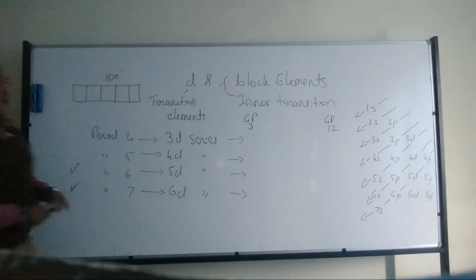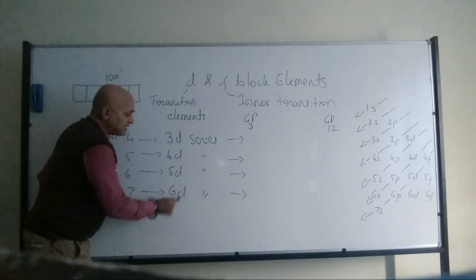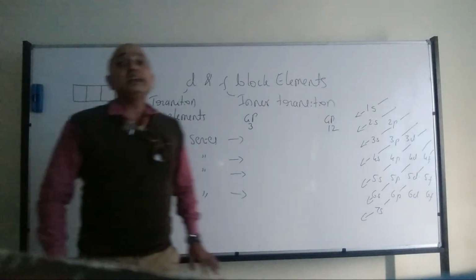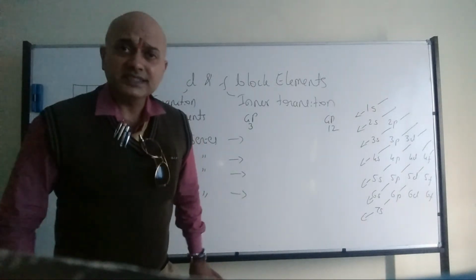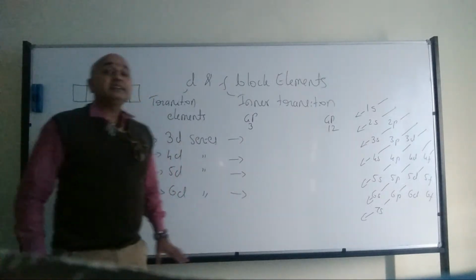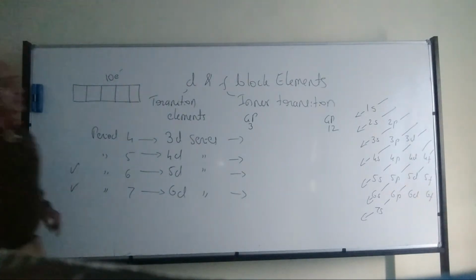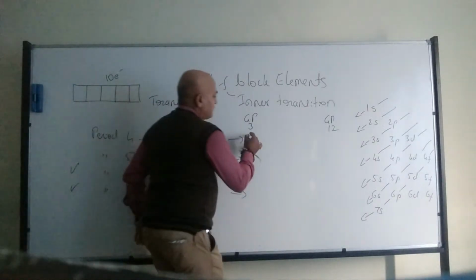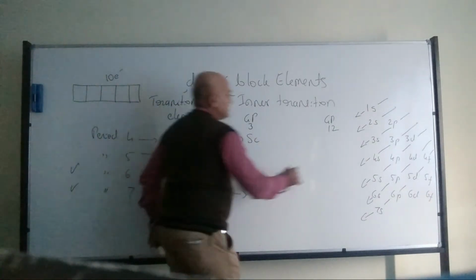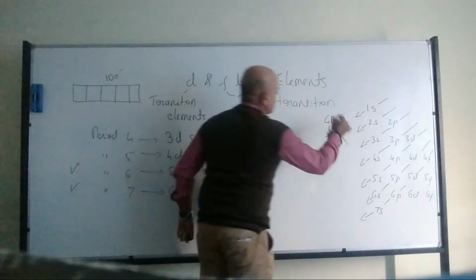What I mean to tell you is each series will have 10 elements, because the D block can accommodate a maximum of 10 electrons. So if I take the first series, it will start from scandium to zinc.